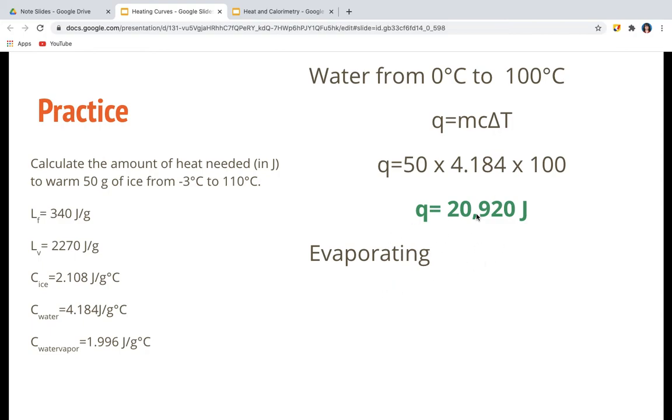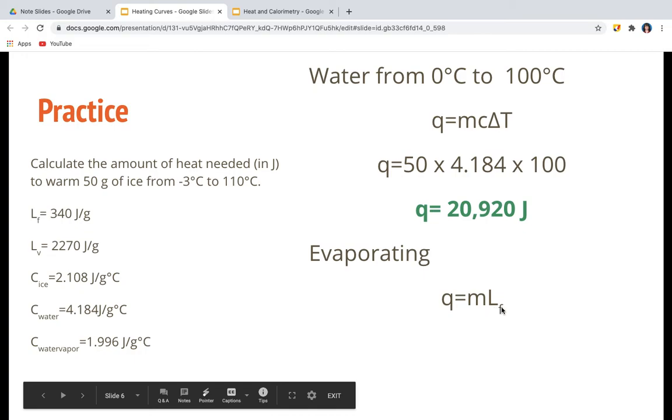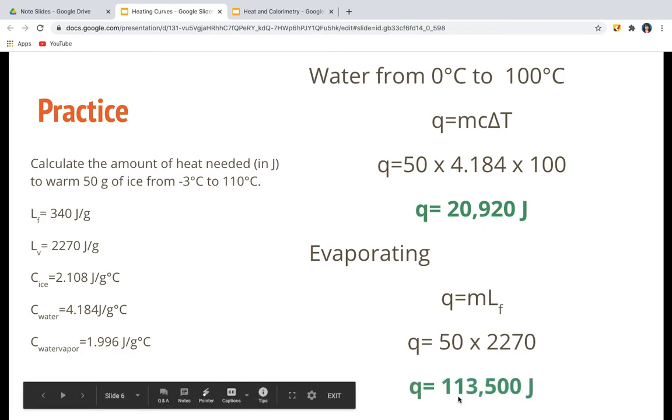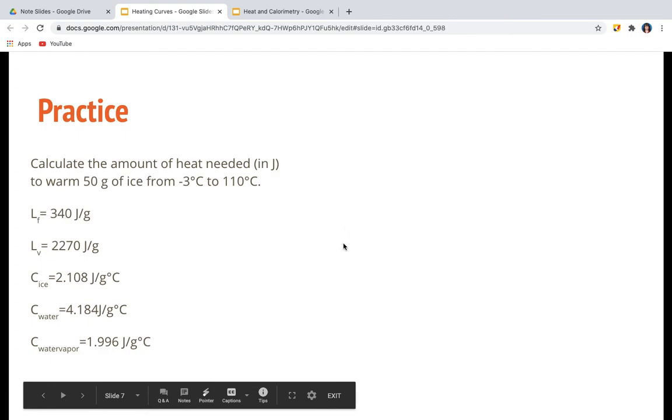Evaporating, boiling, vaporizing, we're going to use LV. That should be LV, not LF. So 50 times 2270 is 113,500 joules. It's quite a bit of energy that we have pumping along here.